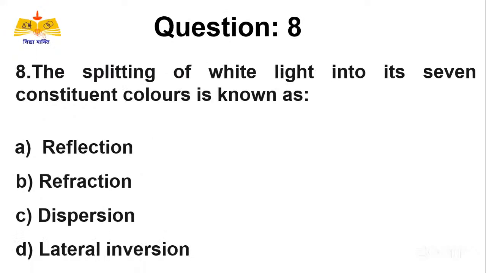Question number 8. The splitting of white light into its 7 constituent colors is known as A, reflection, B, refraction, C, dispersion, D, lateral inversion.